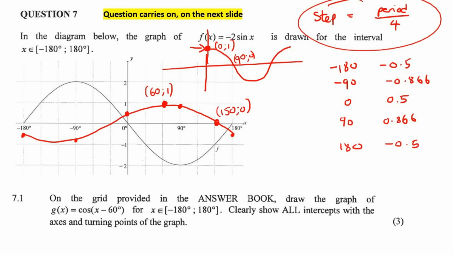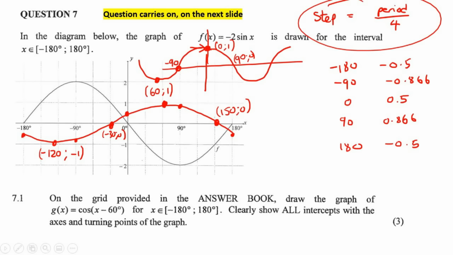Okay, so we're showing the intercepts, and then this point over here, if we had to carry on, this x-intercept would normally happen at minus 90, but if you move it 60 degrees on, it would be at negative 30. Okay, so this would be at negative 30 and 0, and then this turning point over here would normally be at minus 180 degrees, but if you move it 60 degrees on, then this would be at minus 120 now.